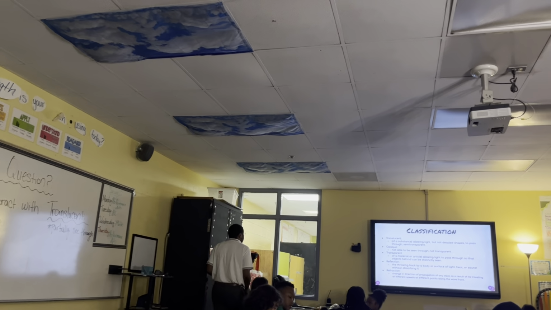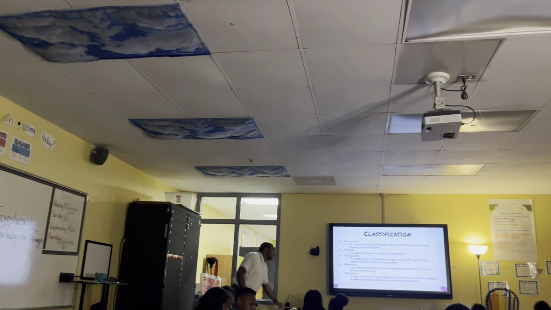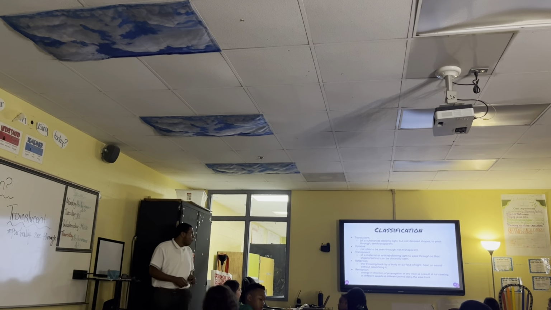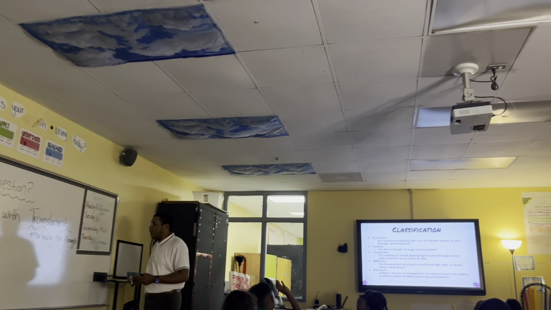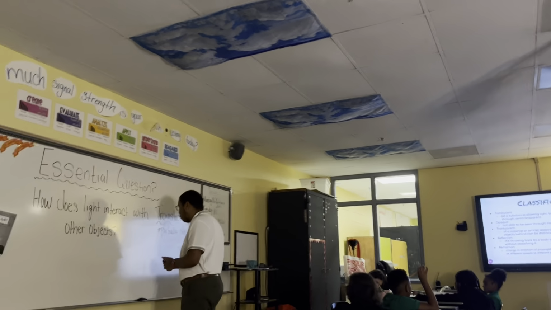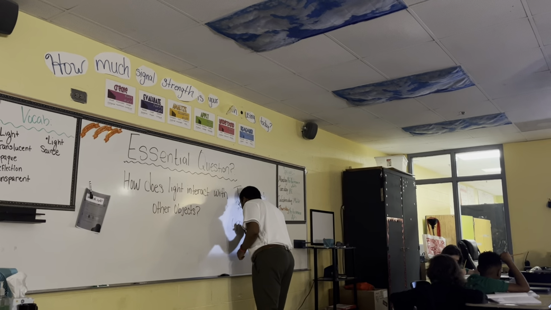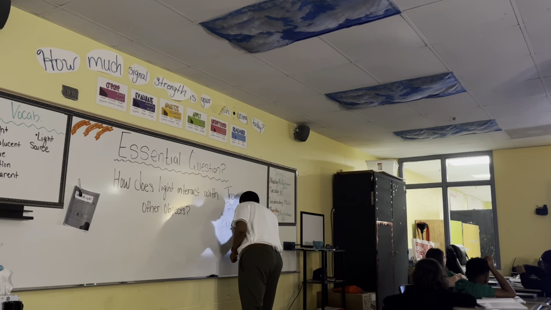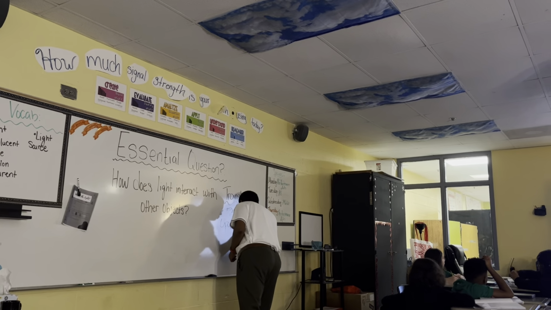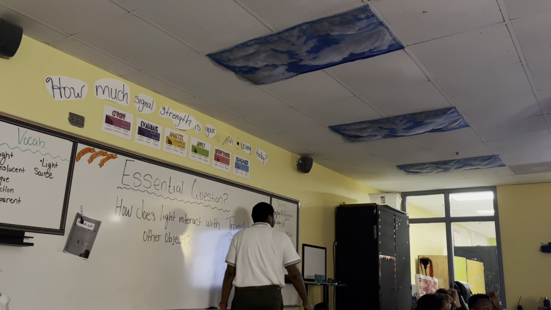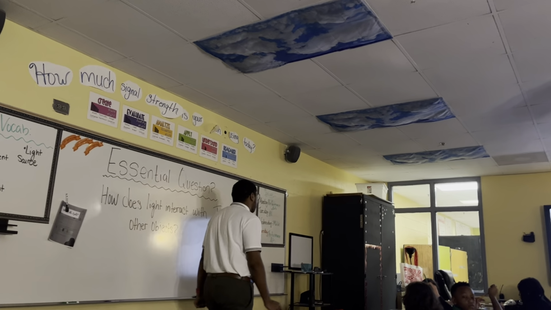So for opaque, and because the font might be a little bit small for my people in the back, it is spelled O-P-A-Q-U-E. Is this for transparent? No, this is for opaque. For transparent, we haven't gotten to that one yet.